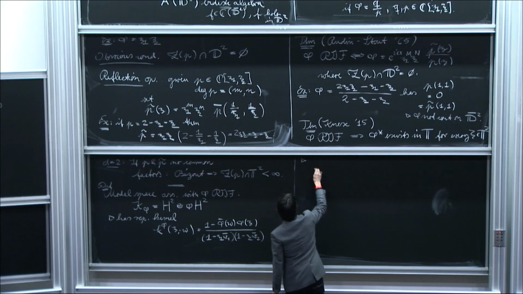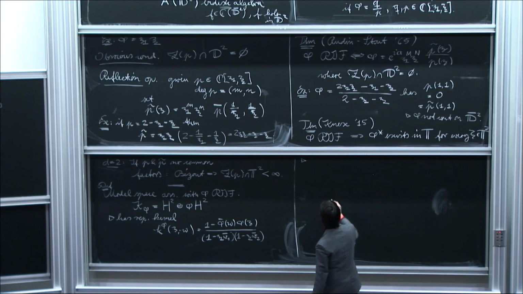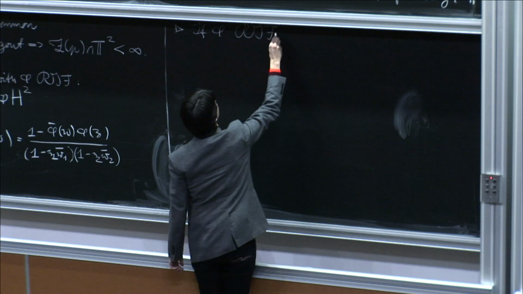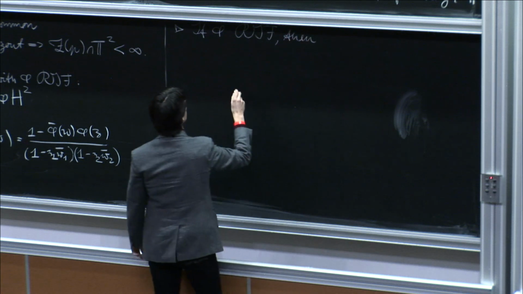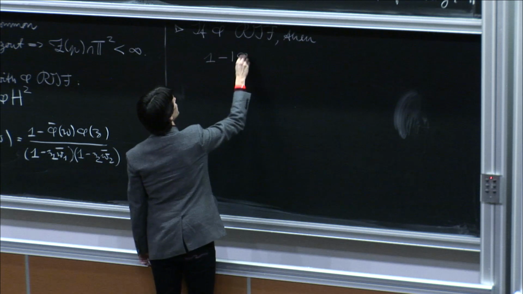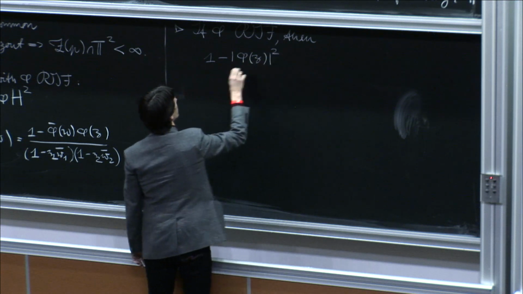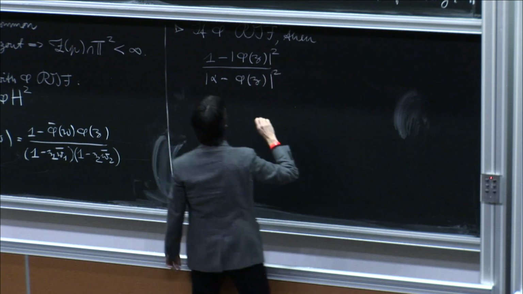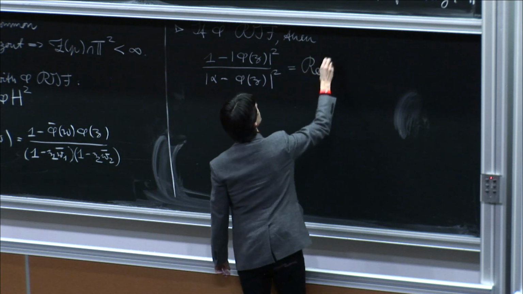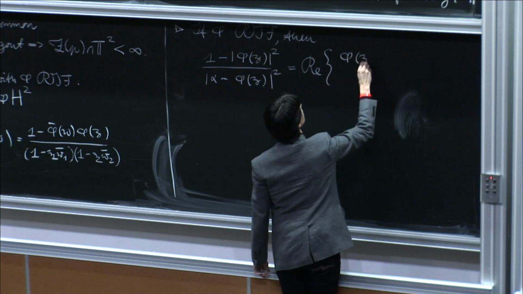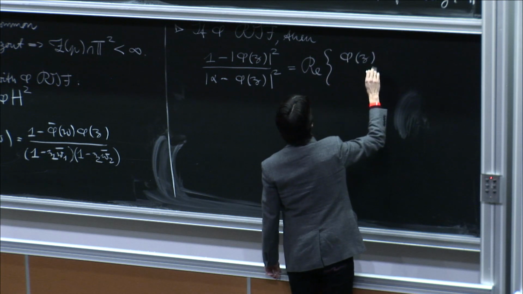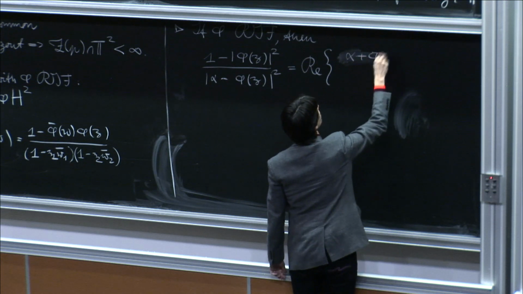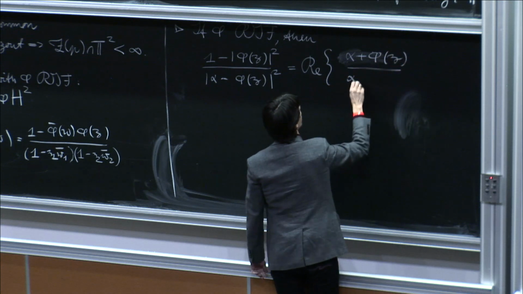Okay, so one thing that I'm going to note here is that if phi is a rational inner function, then the expression 1 minus mod phi squared divided by mod alpha minus phi squared, well, this is the real part of the expression alpha plus phi of z divided by alpha minus phi of z.